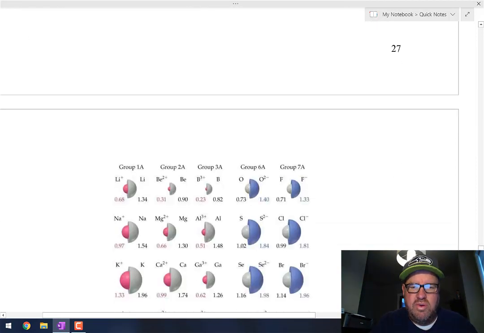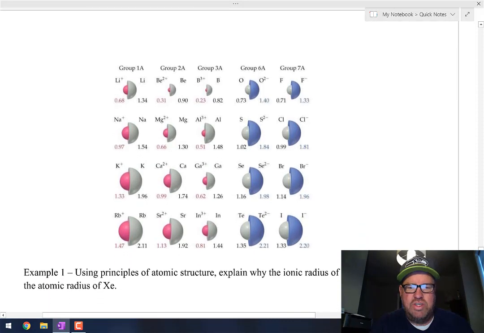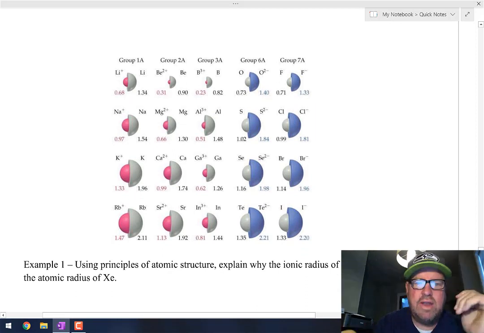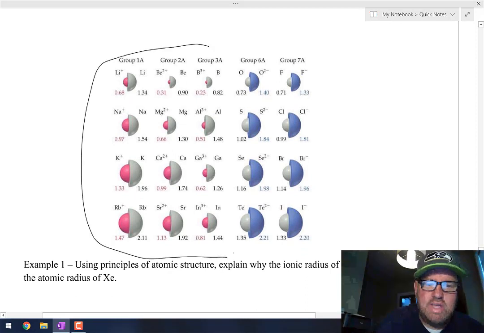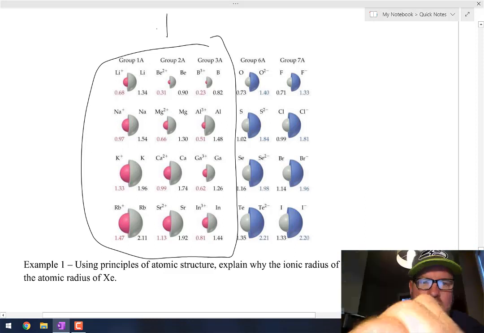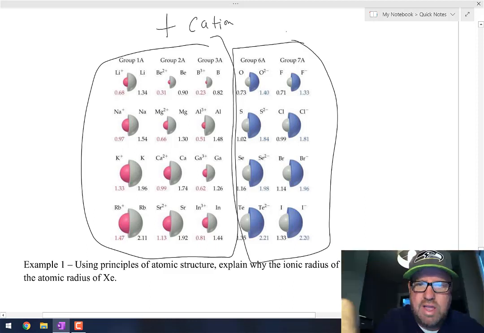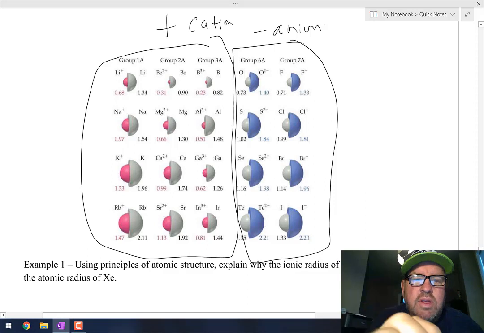So here's just a graph of that. There's a table that kind of shows that. Okay, so you can see that in both cases, the gray is the original atom. Here on this side, those are the positively charged ions, those are the cations. And over here on the right-hand side, those are the negatively charged ions, the anions. So notice that every single pink one is smaller than the gray one.